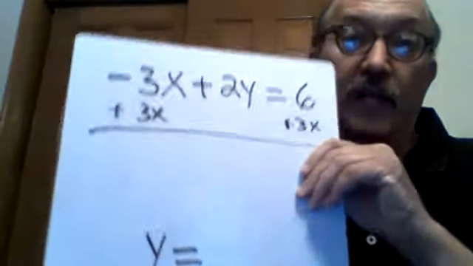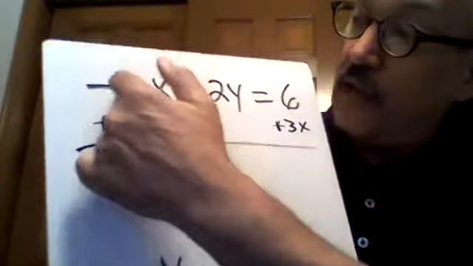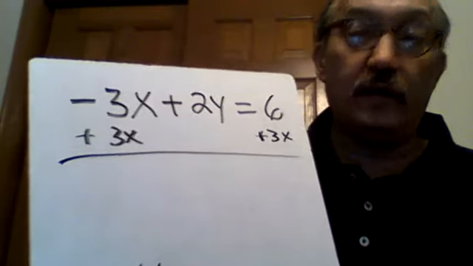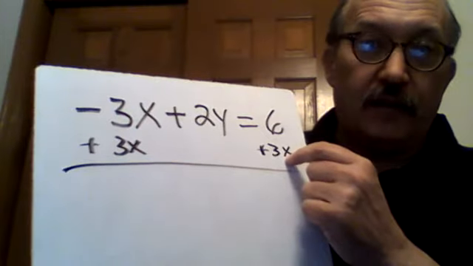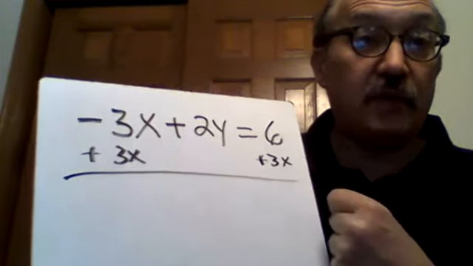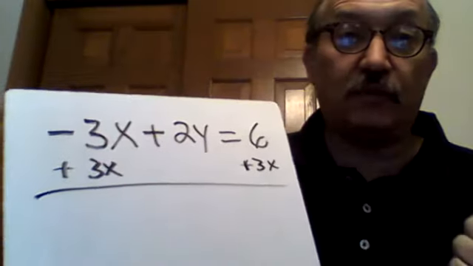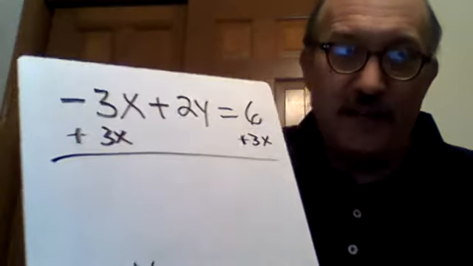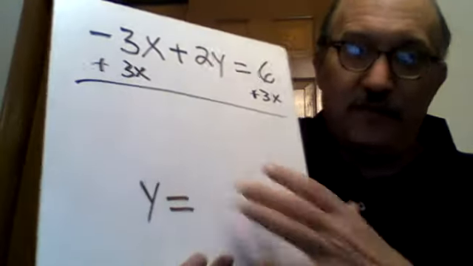Now, I hope you realize I chose to add 3x because now these two add to 0 and go away. We're going to have a 3x added to the 6 over here. I'm going to actually write that as 3x plus 6 rather than 6 plus 3x, because that's the way it's generally done when we get down here to the final result. So what we now have is 2y equals 3x plus 6. Okay?